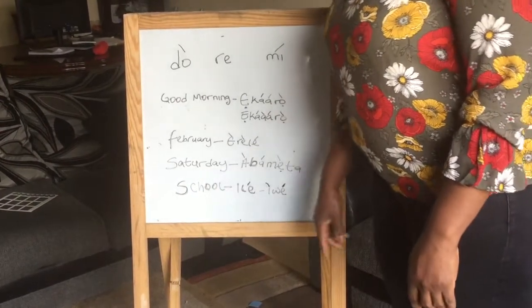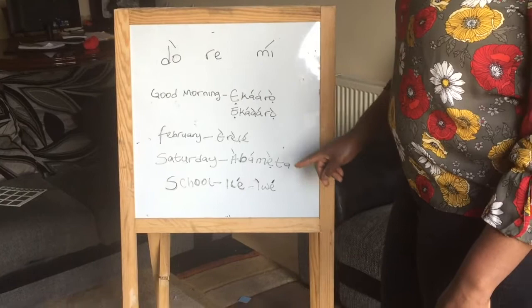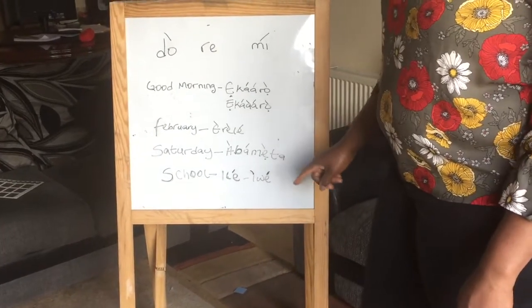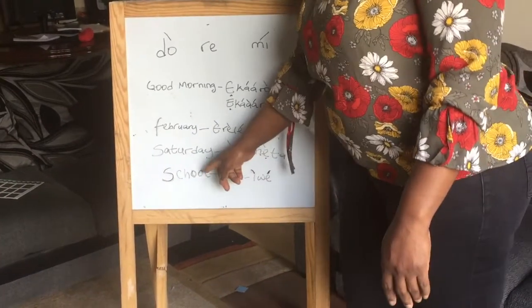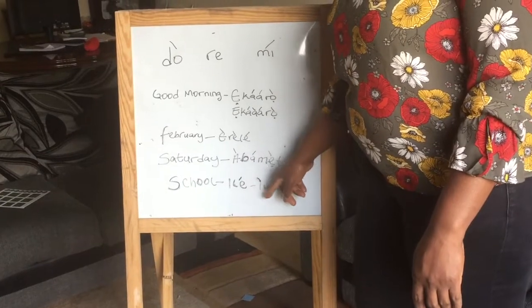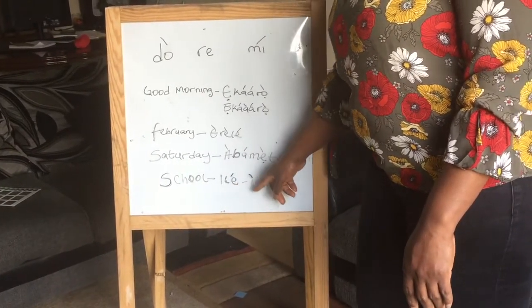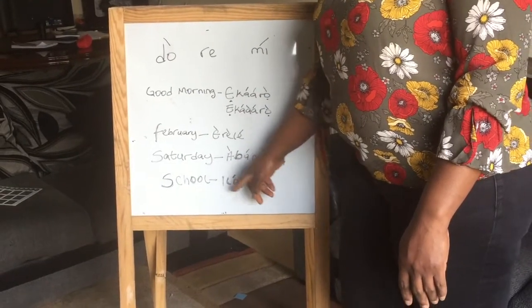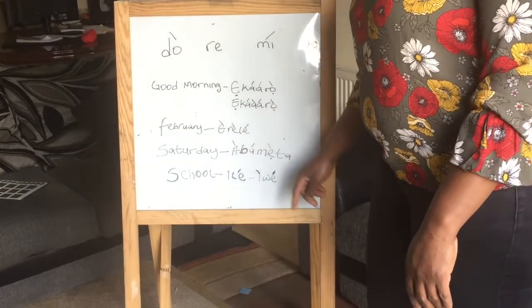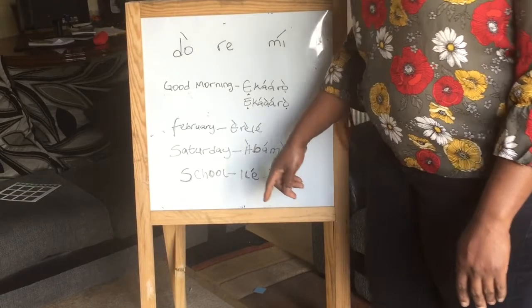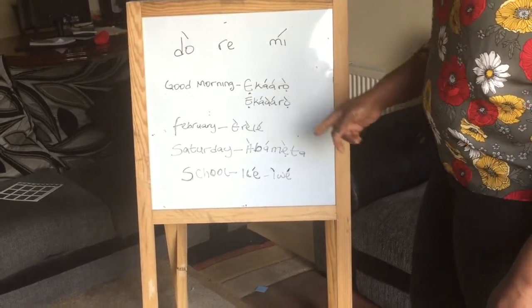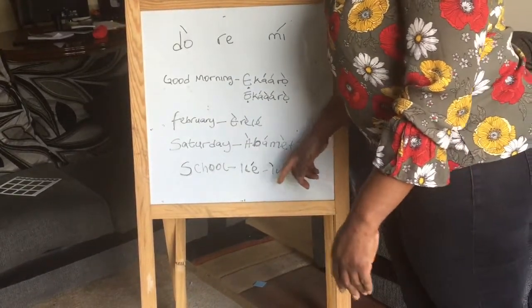And school is ile iwe. School, ile iwe. That's 4 syllables. Ile iwe. Re mi do mi. The e wouldn't have anything on top of it because that's re mi do mi.